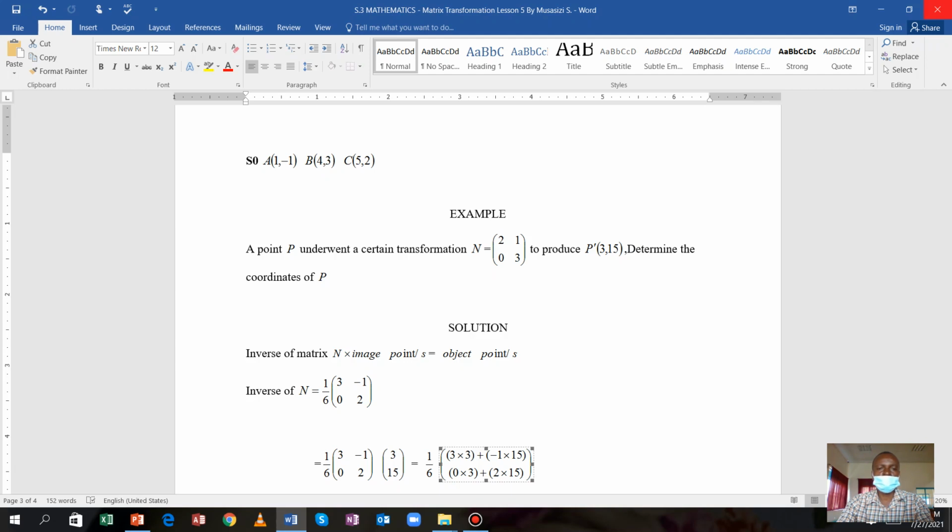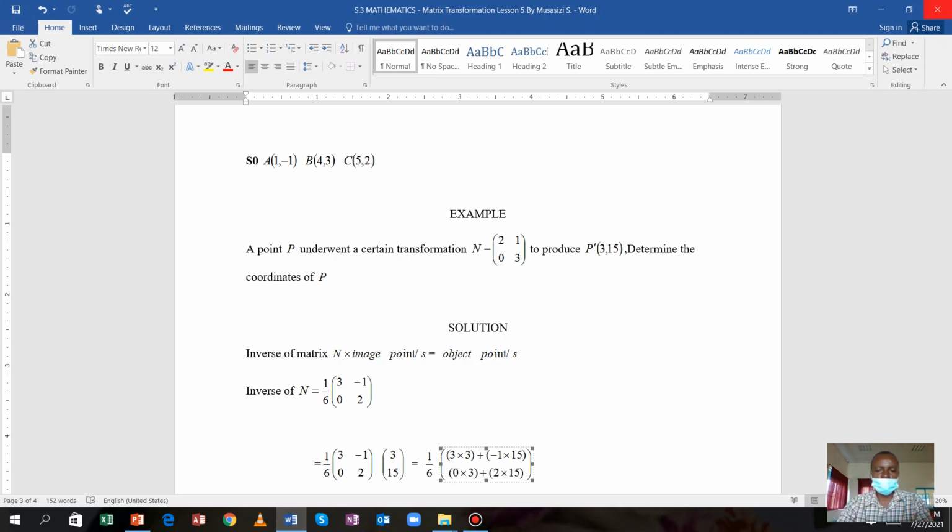So in short, the inverse of this matrix N is 1 over 6 into 3, negative 1, 0, 2. Remember, we shouldn't multiply yet to get 3 over 6, because that will be in fractions and it's a bit tricky. So you just leave it as 1 over 6 into that adjoint matrix.